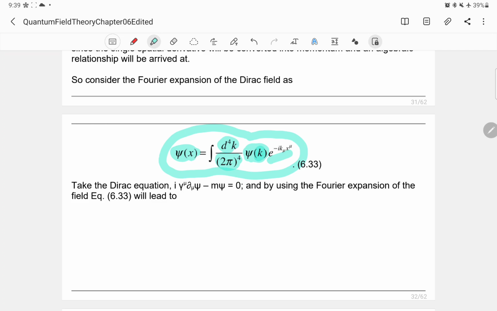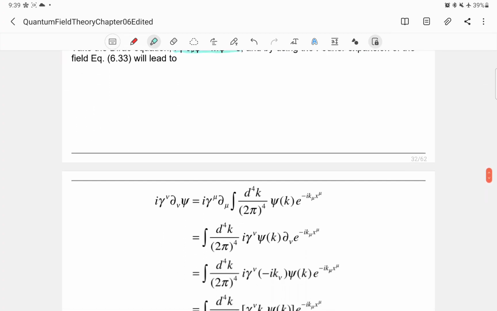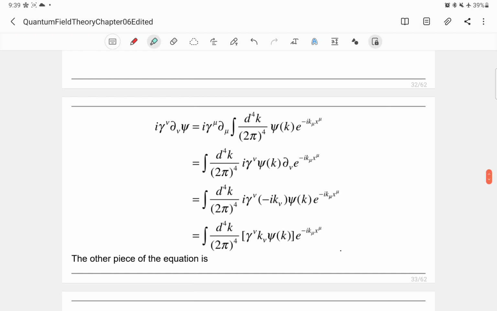Now, if we go back to our Dirac equation and use the Fourier expansion of the field, it will lead to this one. You have the first term of the Dirac equation, i gamma nu derivative nu of phi, with the generalized derivative, where mu is just a dummy index so you can change mu into nu.